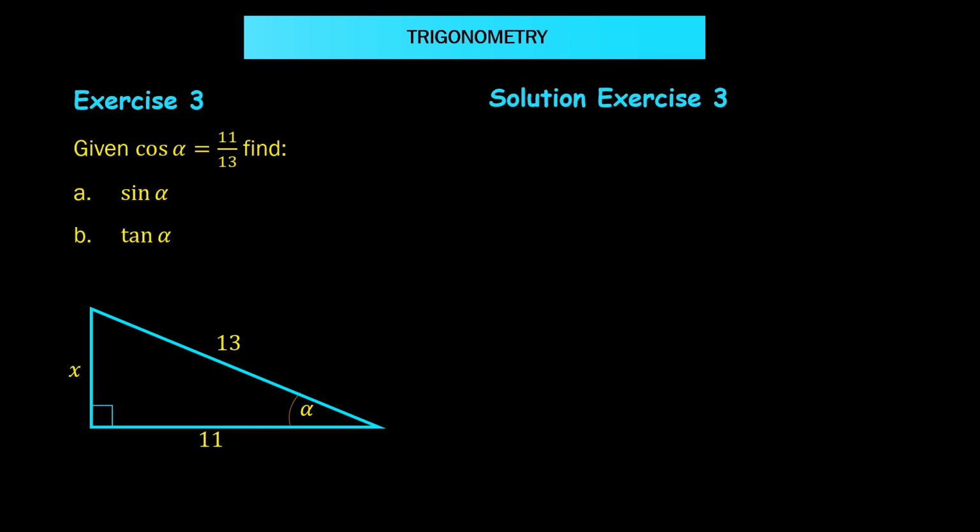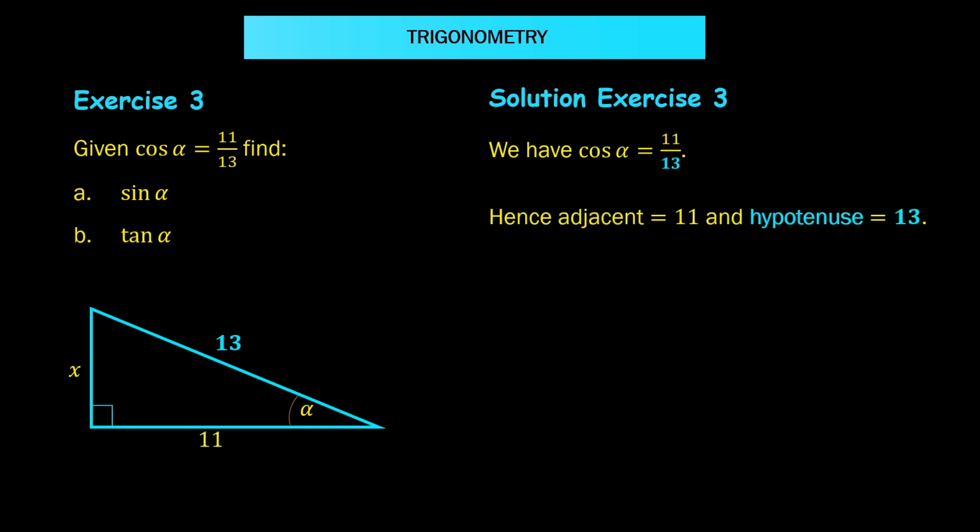We can now solve and find sine alpha and tan alpha. Since we have cos alpha equals 11 over 13, we have that the adjacent is 11 and hypotenuse is 13.